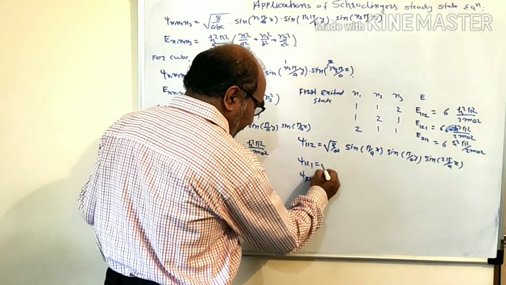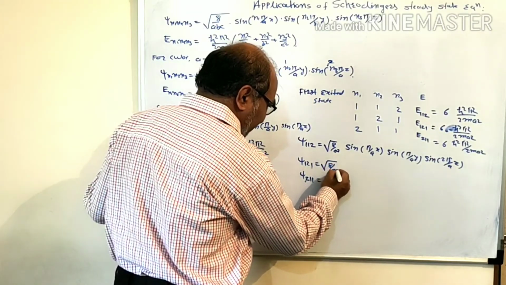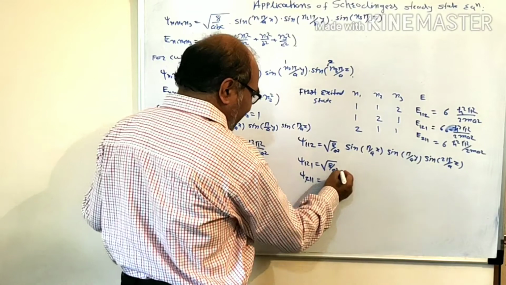Now for the second state, 8 by a cube is common as it is.